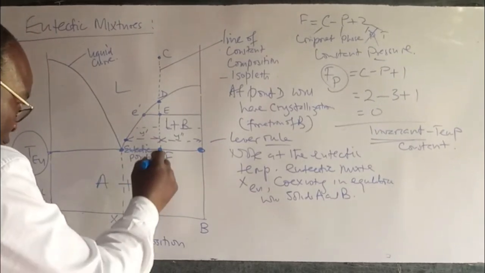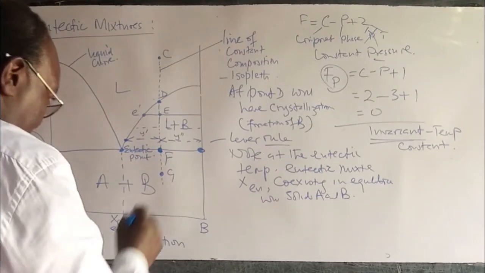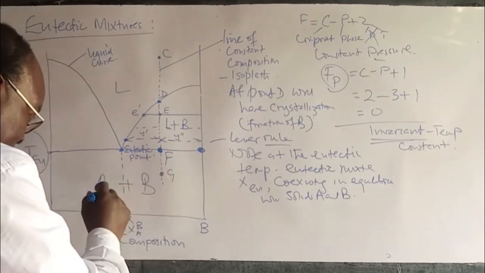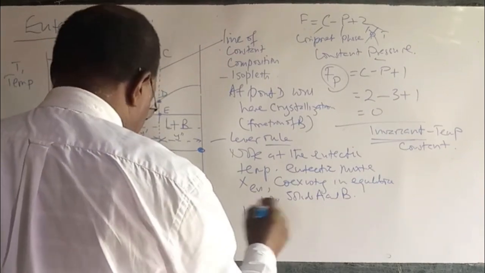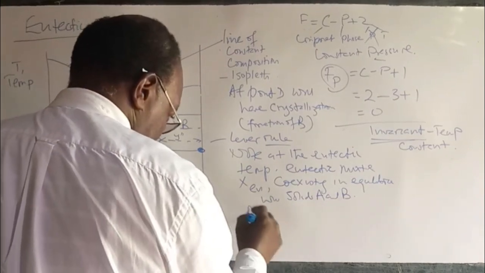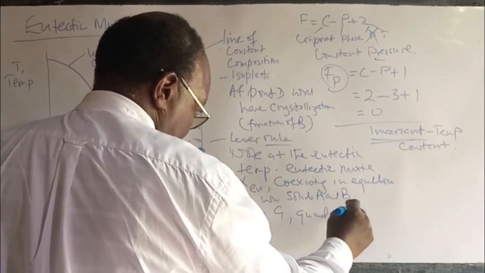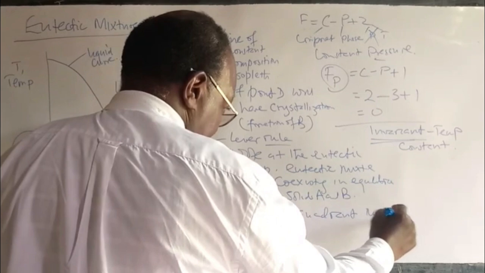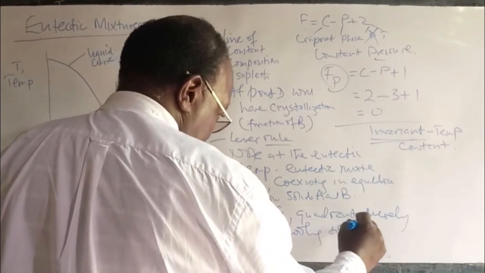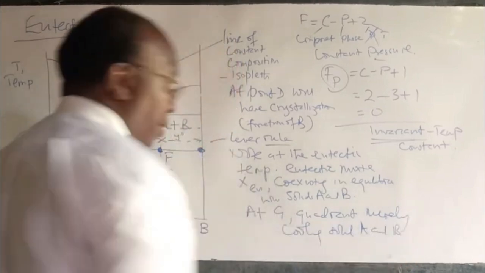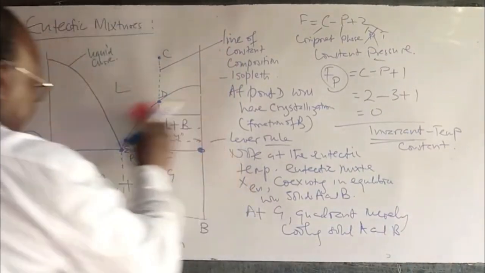From F, as the temperature lowers, you are merely cooling the solids A and B. So at G, in that quadrant, we are merely cooling solids A and B.